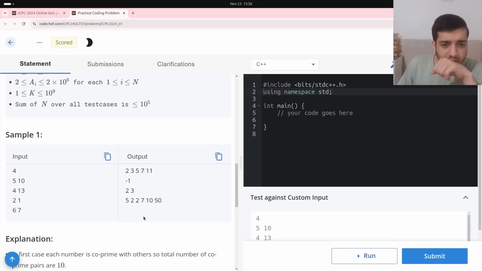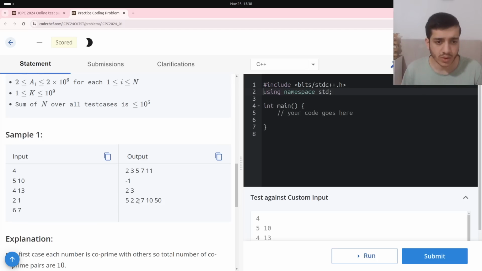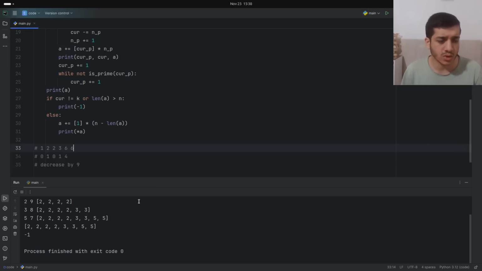So let's see how it did. So it's like 2 2. Let me translate it to what it really is: 1 2 2 3, and then 6 6.